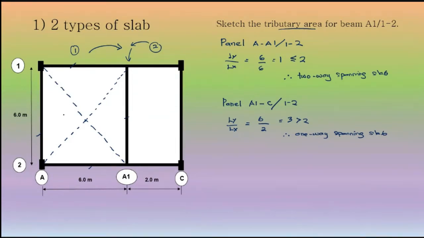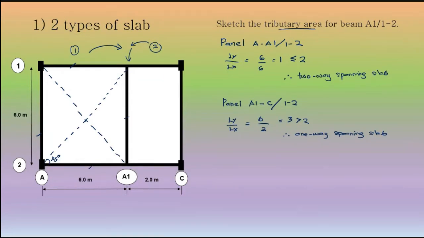Sama ke tak sama jumlah dia agak-agak? Sama. So kita kata kat sini actually angle dia adalah 45 degree. Jadi setiap beam akan support load yang sama, jumlah load yang sama.